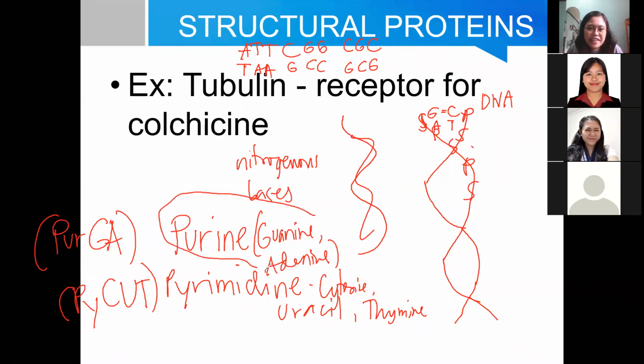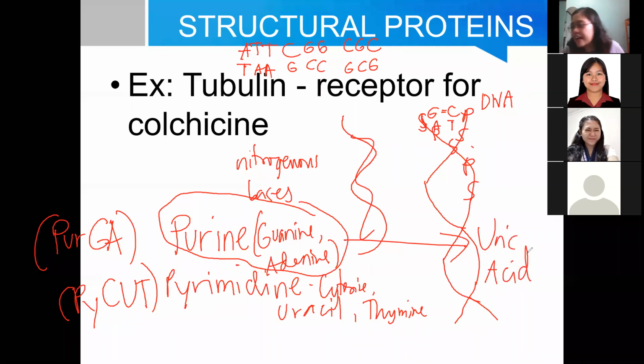Pag mag-degrade ng purine, both guanine and adenine inside the body, mahimo na siya og uric acid. So kapag nagatigulang tano, maglisod ta og excrete anang uric acid, mahinay man gud ang metabolism.